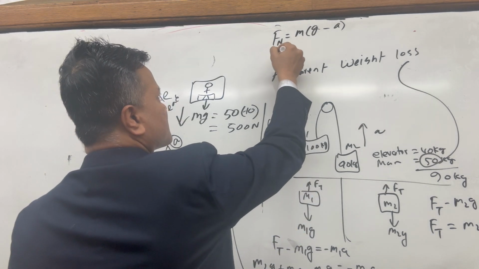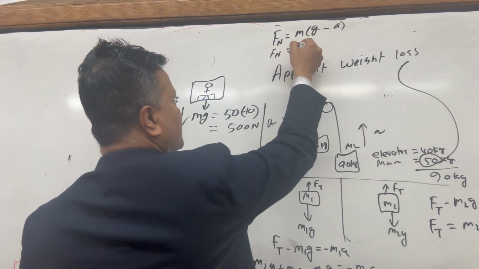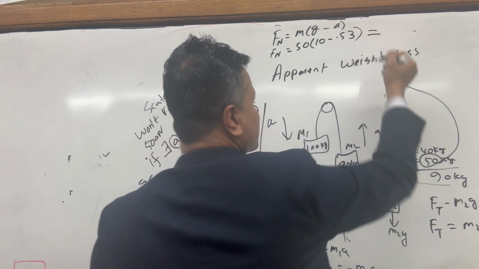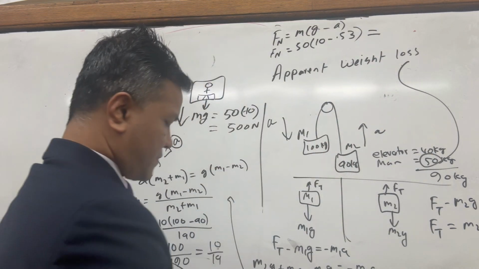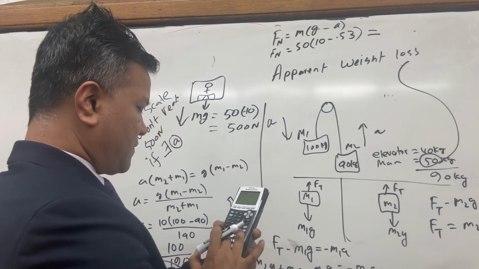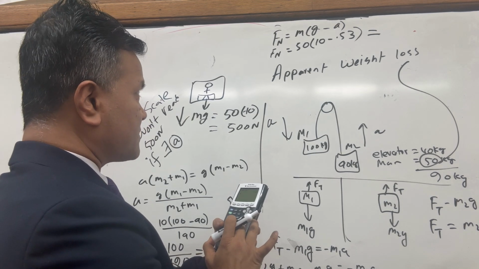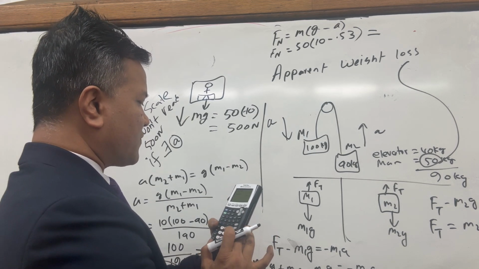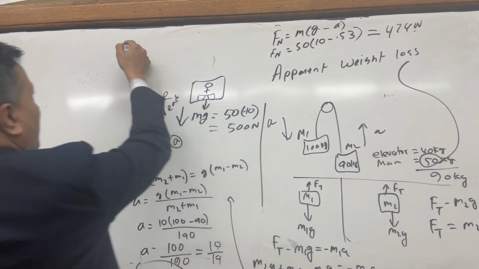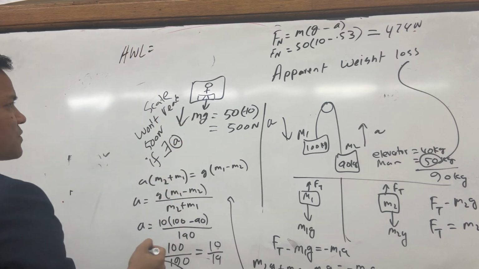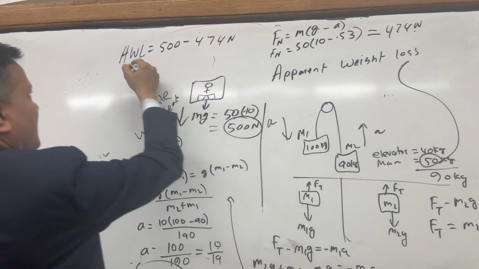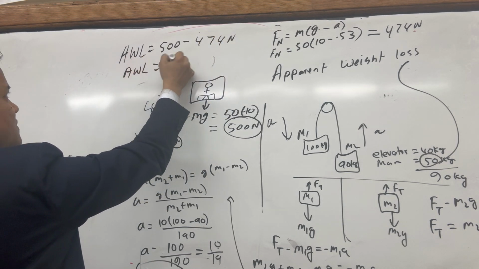Okay, Fn, mass is 50, and this is 10 minus 0.53, times 50, and that is 474 Newton. Okay, so your apparent weight loss is equal to your weight, 500 minus 474 Newton, and that is 26 Newton.